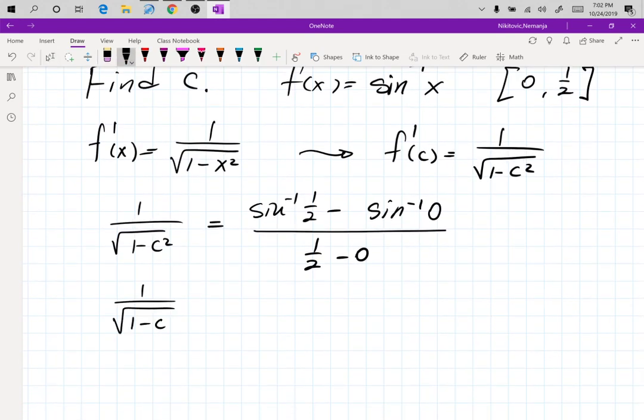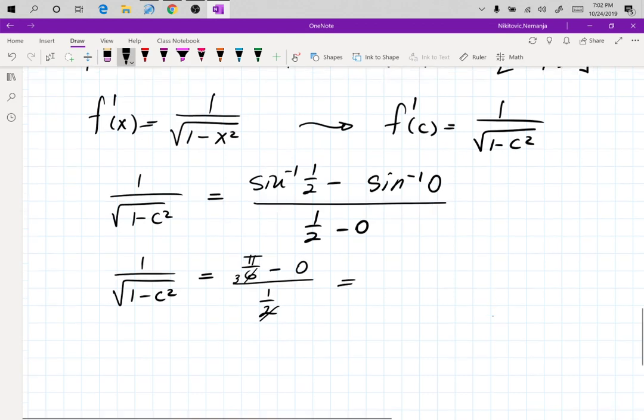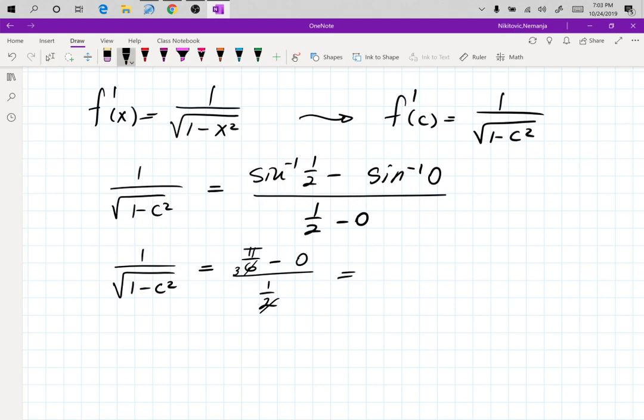1 over square root 1 minus c squared is equal to inverse sine of 1/2, which is pi over 6, minus 0, over 1/2. So these guys will cancel down to 3, and we have pi over 3.